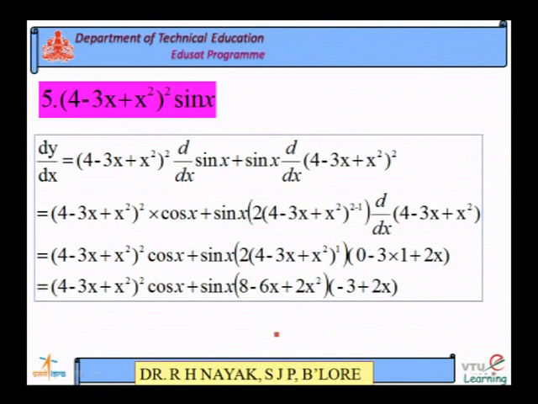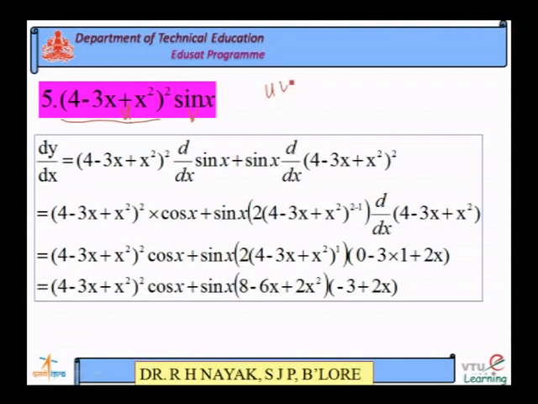Check the fifth problem. How does it appear? It appears in the form of u into v. What is u? u is equal to 4 minus 3x plus x square whole to the power of 2, and v is sin x. It is of the uv method.